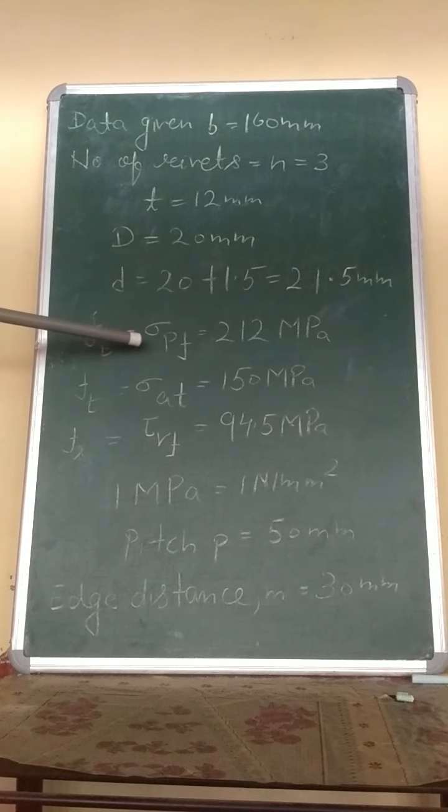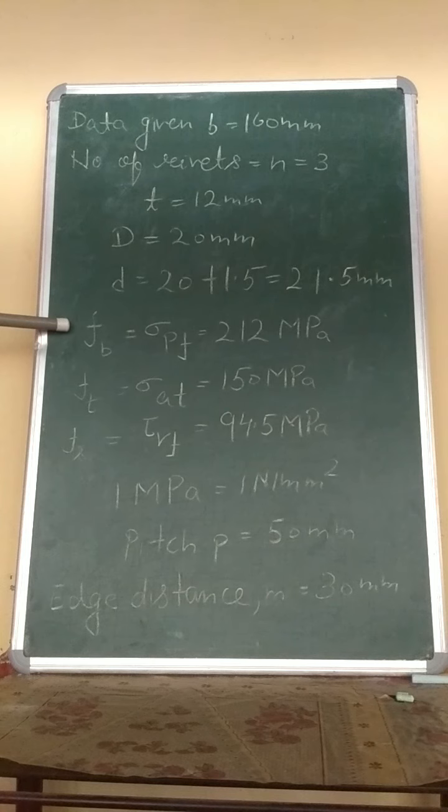FB is equal to sigma PF, that is equal to 212 MPa. FT, that is equal to sigma AT, that is equal to 150 MPa. FS, that is equal to tau VF, that is equal to 94.5 MPa. 1 MPa is equal to 1 Newton per mm square, and pitch is equal to 50 mm, and distance m is equal to 30 mm.